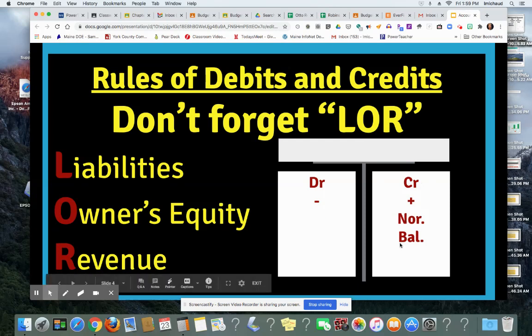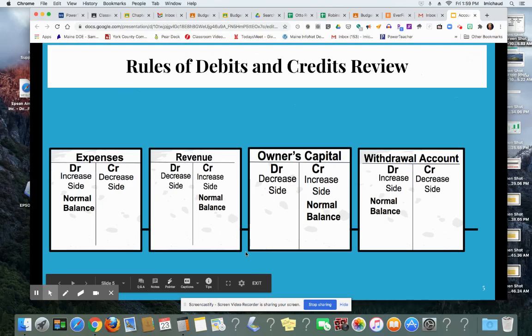And the increase side is always the normal balance. So this might help you remember this. In the last lesson, we talked about revenue and expenses and how that may affect your owner's capital accounts, and also the rules of debits and credits with these particular accounts.